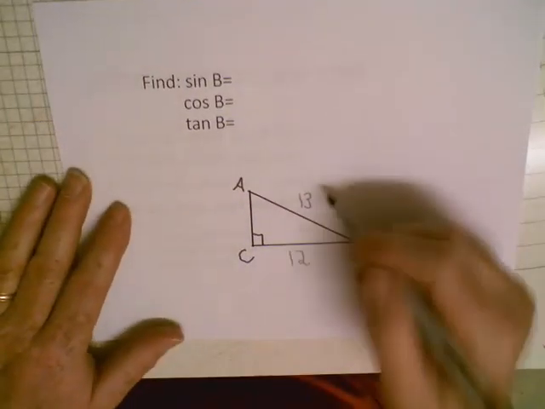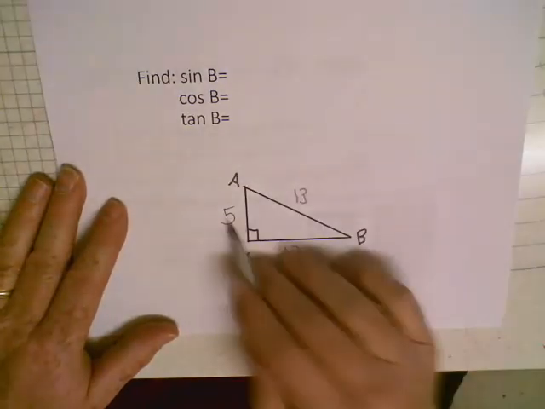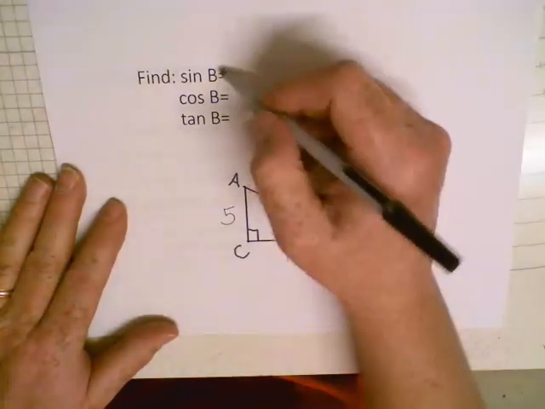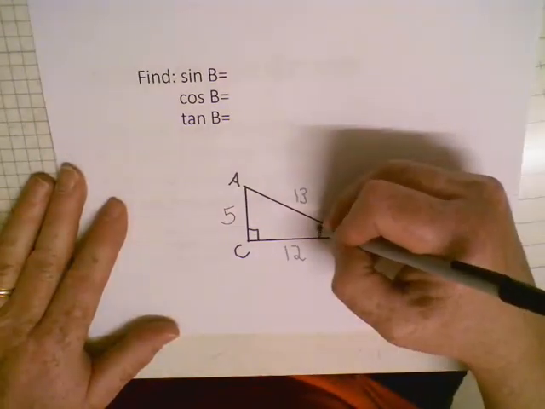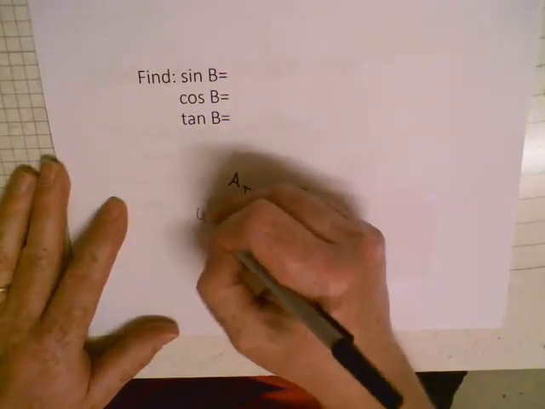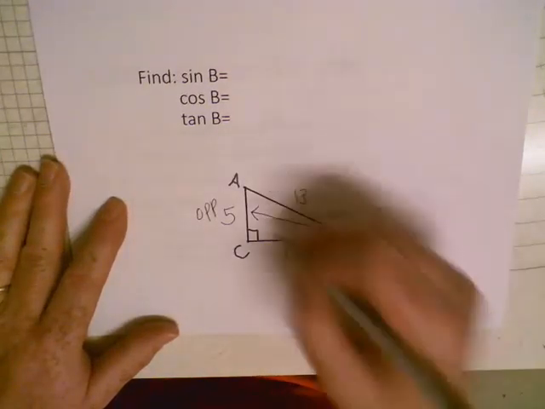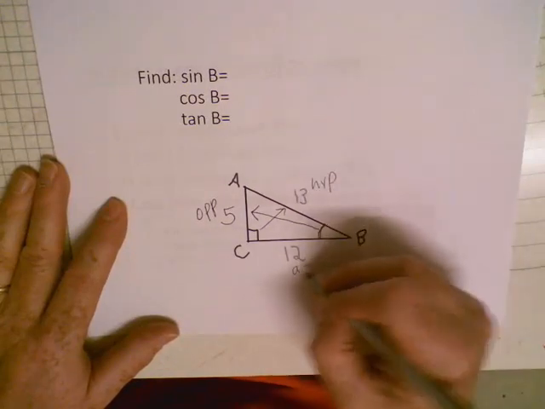We've got the same triangle here, so we know that this side over here is 5. 5, 12, 13 again. This time we want to deal with angle B, so that's this angle. So I'm going to label the triangle in relationship to it. That side's the opposite leg. That's the hypotenuse. And then this side is the adjacent leg.